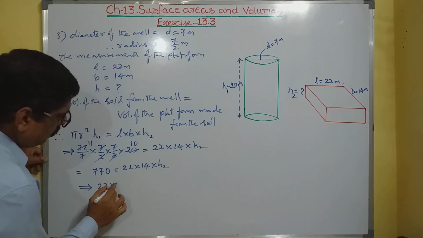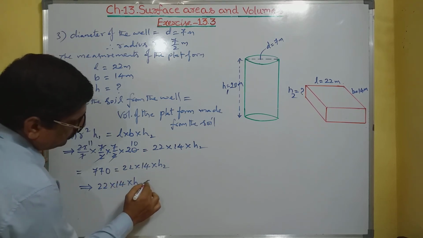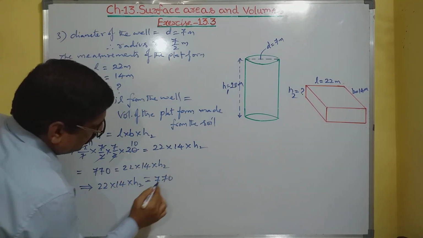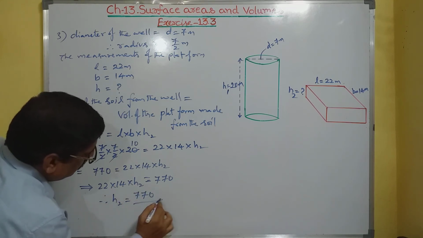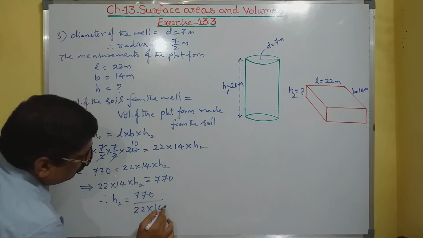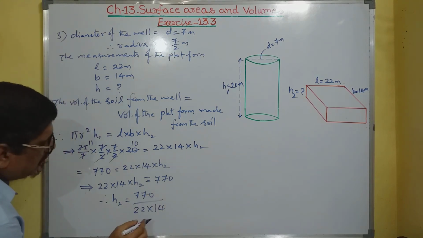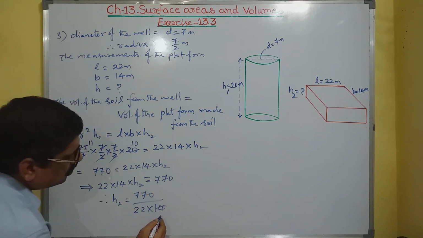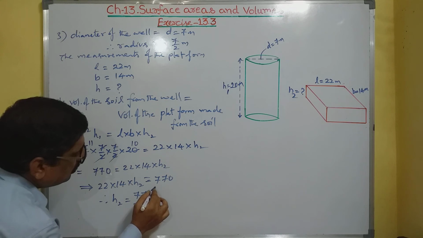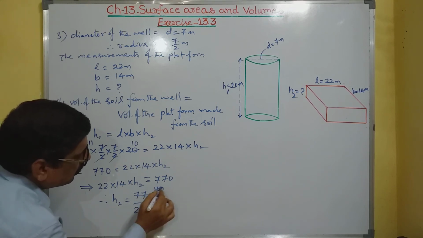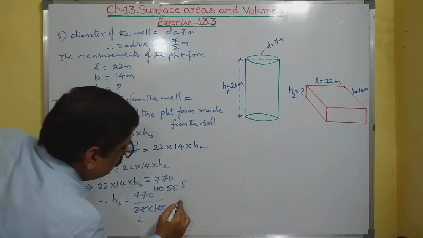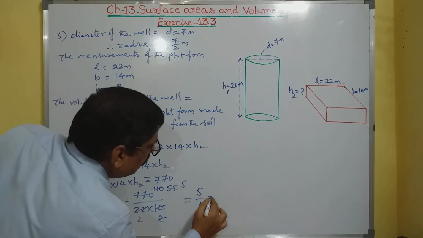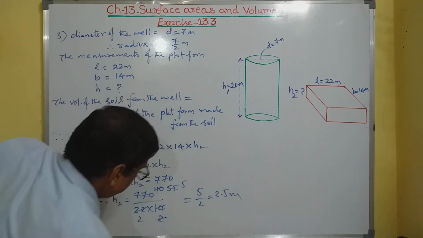So 22 into 14 into H2 is equal to 770. Therefore, H2 is equal to 770 by 22 into 14. Okay, now 7 2s are 14, 7 110s and 2 55s, and 11 5s are 55. So finally we get 5 by 2. 5 by 2 means 2.5 meters.